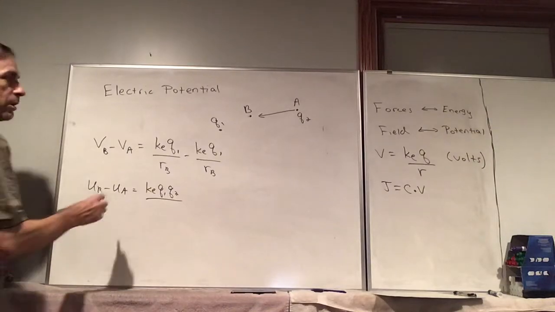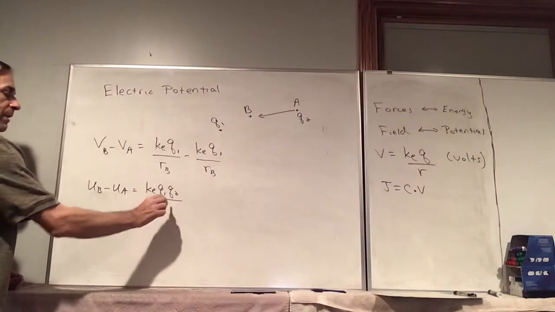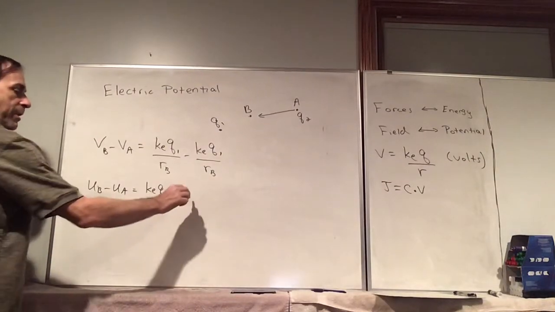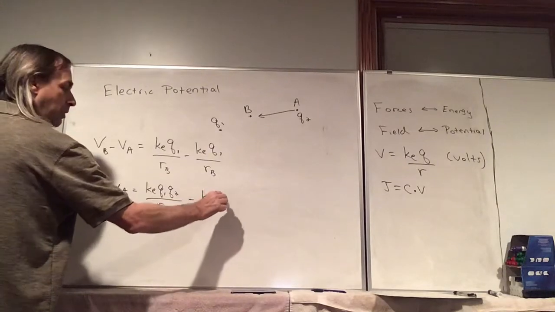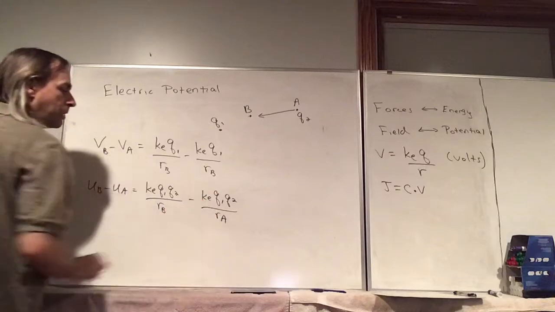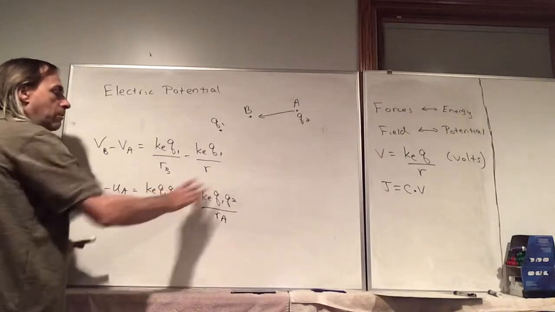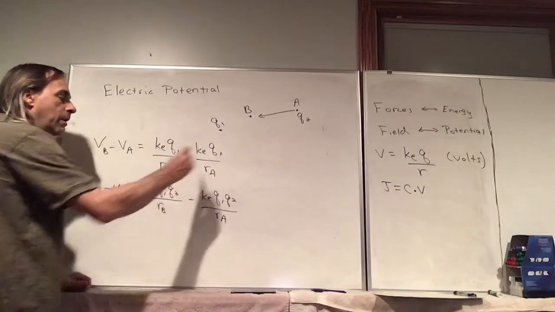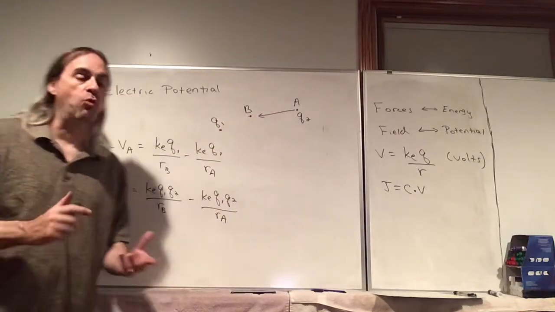Let's say R is the distance from Q1. So that would be k Q1 Q2 over RB minus k Q1 Q2 over RA. I wrote that one wrong. The R's are distances from charge 1.